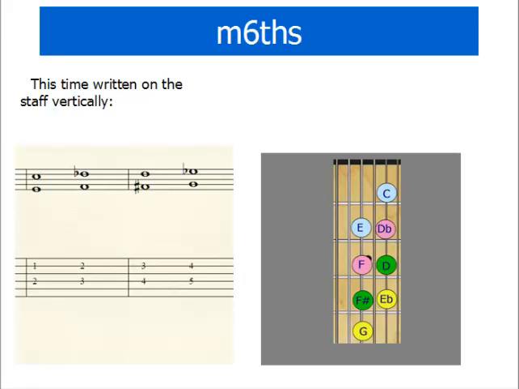E, C. Say the note, read the black and white ink. F, D flat. Look at the notes. F sharp, D. That's the sound of a minor sixth. G, E flat, minor sixth.